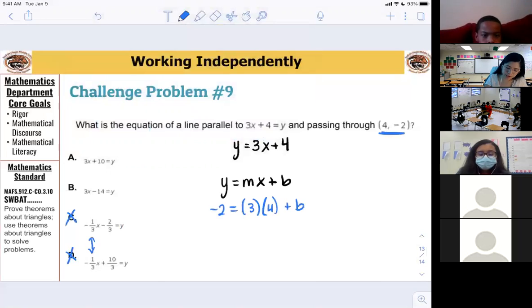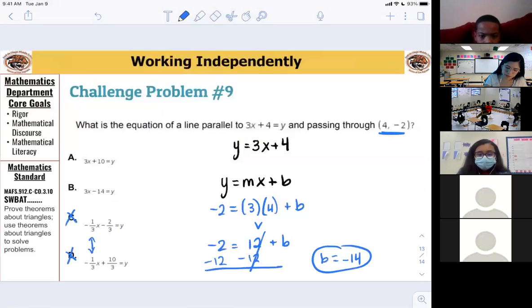And then plus b. 3 times 4 is 12. So what do I get for b? -14. So my equation has to be y equals 3x minus 14. Which of those is correct? B. Good.